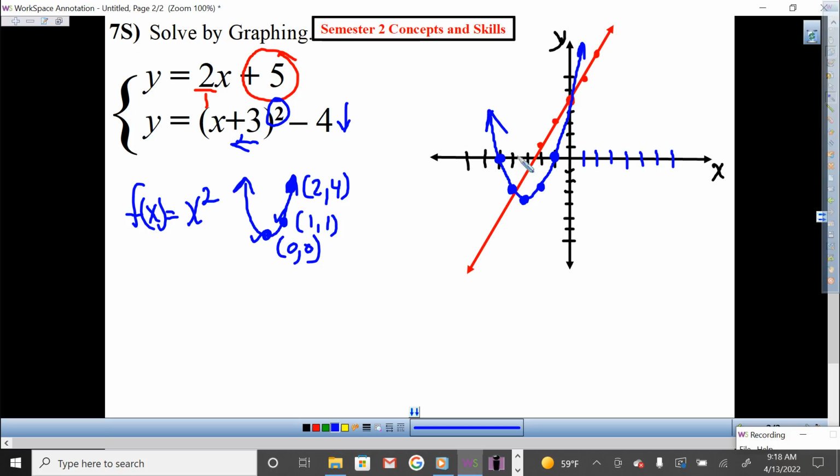Something like that. All right. So, according to what we see there, tell your neighbor the solutions to this system.